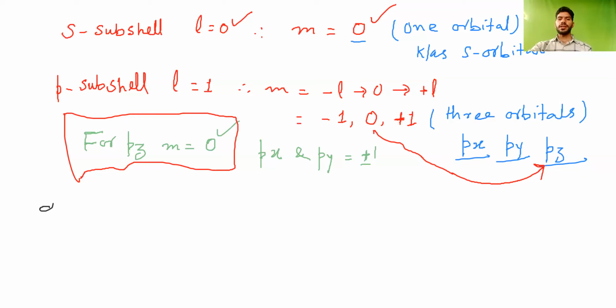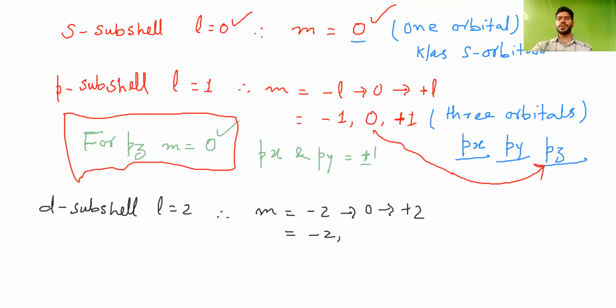Then can you tell me how many orbitals will be there in the d subshell? In the d subshell, what is the L value? Yes, the L value is 2, therefore there will be 5 orbitals. That means the M value will be minus 2 through 0 to plus 2: minus 2, minus 1, 0, plus 1, and plus 2. So in total we have 5 orbitals.